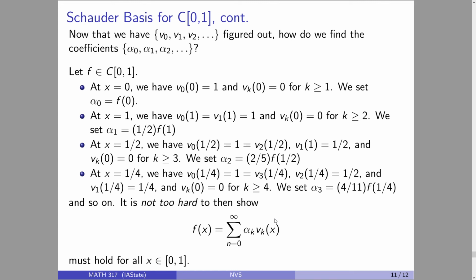In fact, it's the Faber Schauder basis, very famous example. It's not the only one that you can create. There are actually infinitely many Schauder bases. These are the ones that are the most nice. There's crazier ones that you can use. So note the set of points that I'm using to create it are the dyadic rationals.